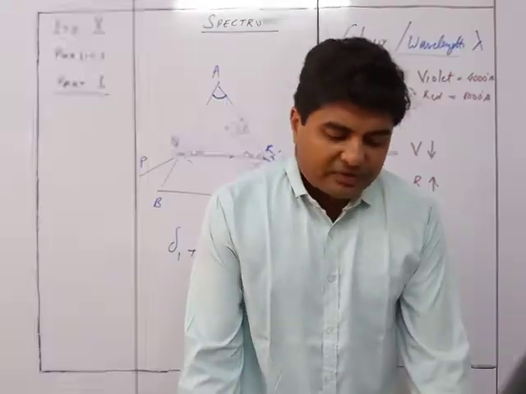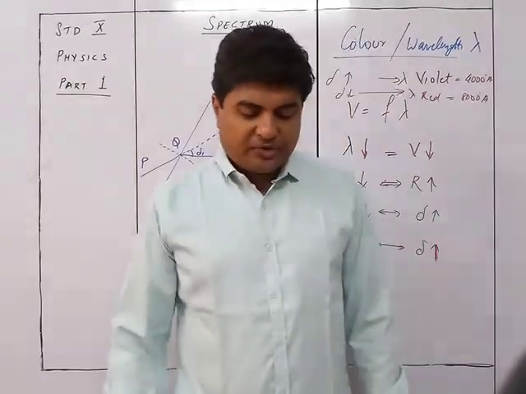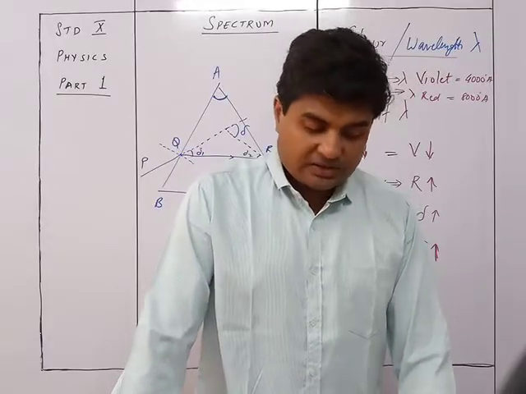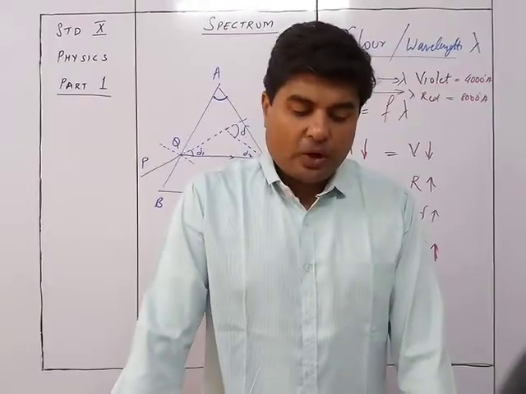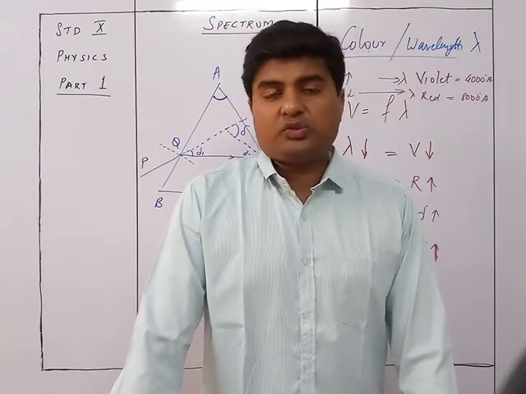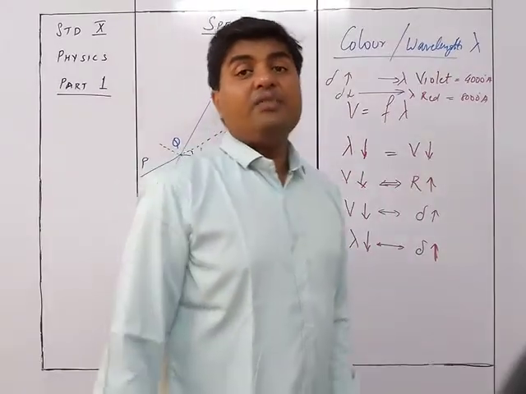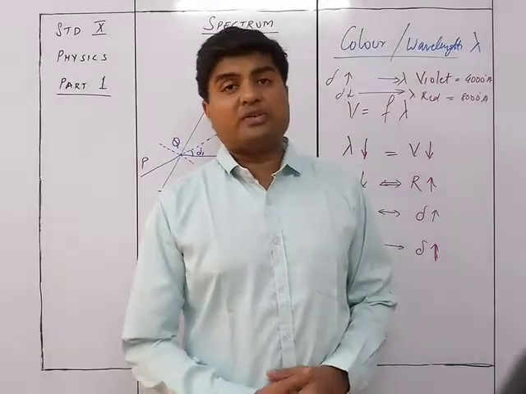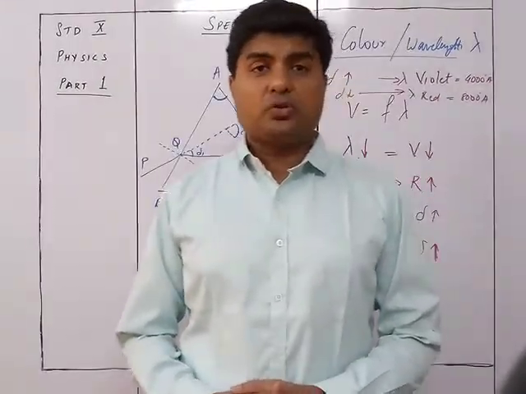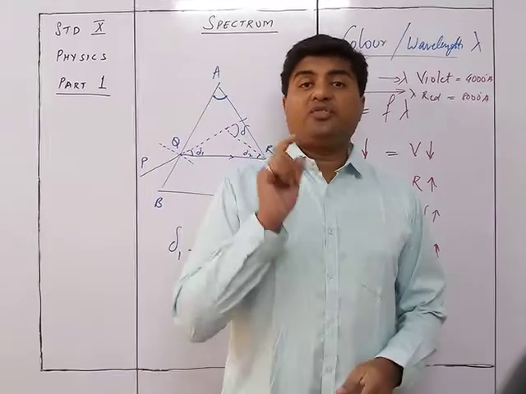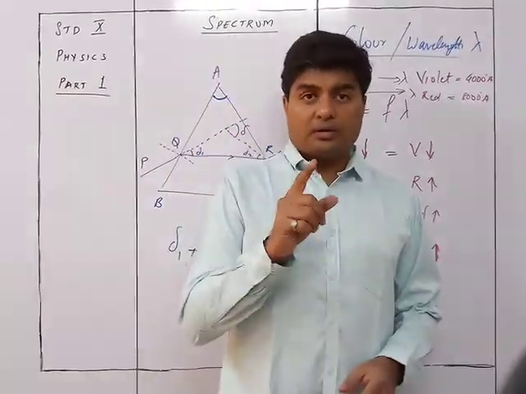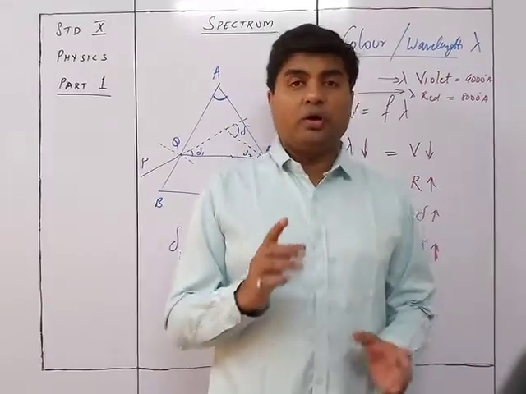So the light of the same color obtained from different sources will have the same wavelength. In other words, color is a subjective property of the light related to its wavelength. Even if the sources are different, if the color of the light produced by that particular source is the same, then the wavelength of that particular color light will be the same.